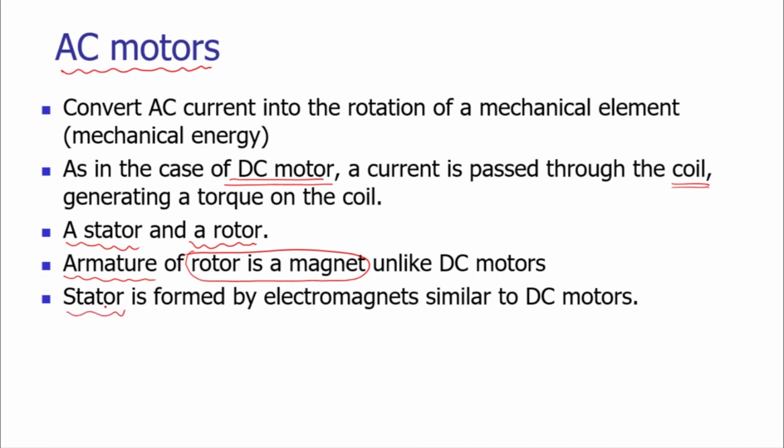Well, the stator body is formed by electromagnets, which is very similar to the DC motors. So the difference between the AC motor and the DC motor, as far as the construction is concerned, is that the AC motor has the rotor as a permanent magnet. The DC motor is having a current carrying coil with a set of brushes that we have seen in the brushed DC motor.